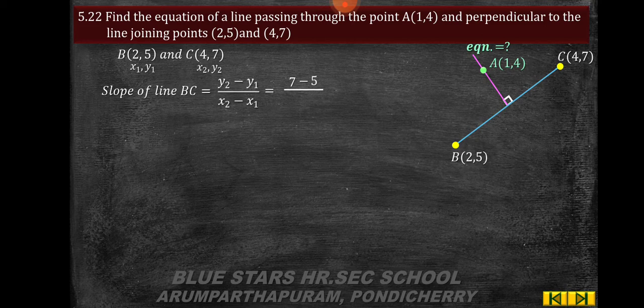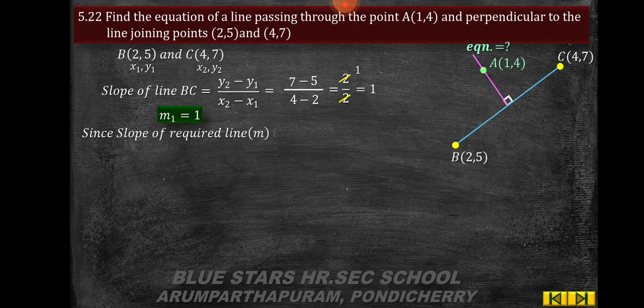So the y2 value is 7 minus y1 is 5, divided by x2 value 4 minus x1 value 2, which is equal to 7 minus 5 is 2 divided by 4 minus 2 is 2. If you cancel both, you get 1. The slope of the line BC is equal to 1. That is nothing but the slope m1 is equal to 1.